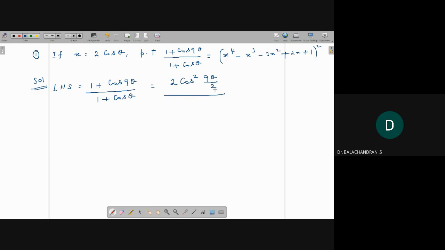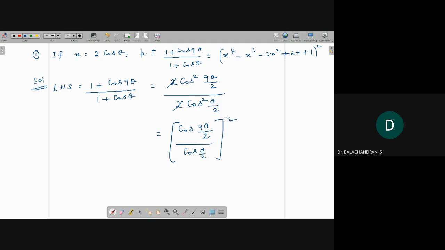You can write this as 2 cos square 9 theta by 2 divided by 2 cos square theta by 2. So you can cancel 2 and 2, and then this is equal to cos 9 theta by 2 divided by cos theta by 2, whole square.